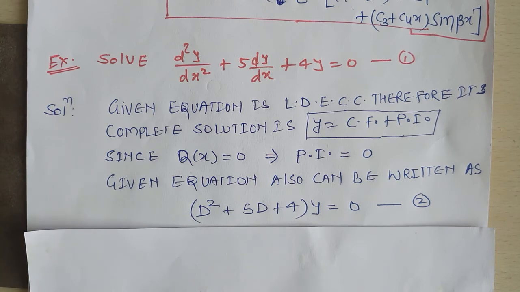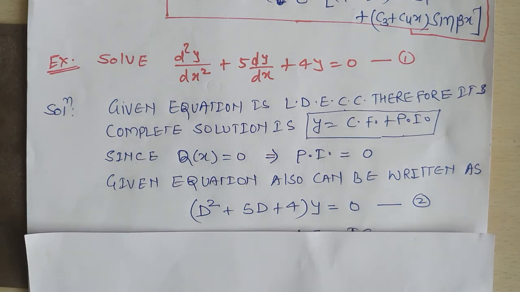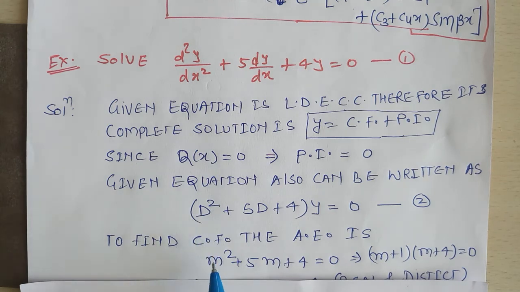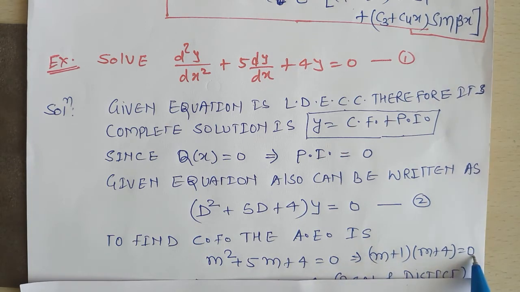Now to find CF we write the auxiliary equation, which can be obtained by simply replacing D by m and equating to 0. So the auxiliary equation is m square plus 5m plus 4 equal to 0. Now the factors of this quadratic equation are (m plus 1) into (m plus 4) equal to 0.